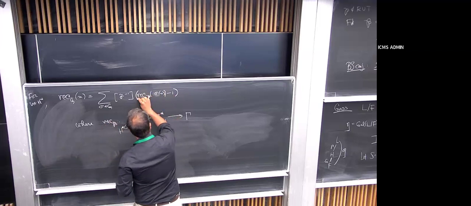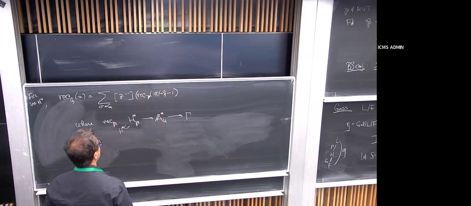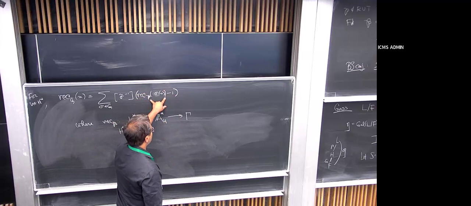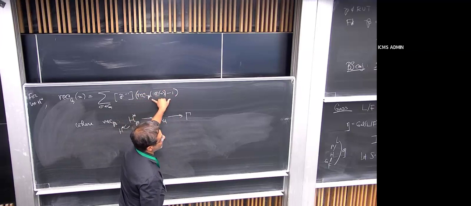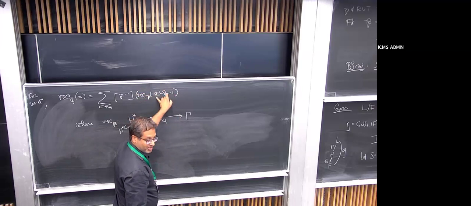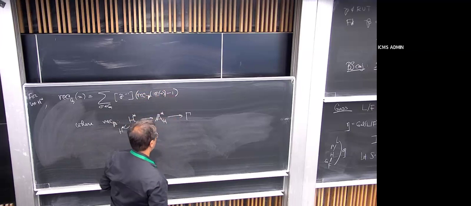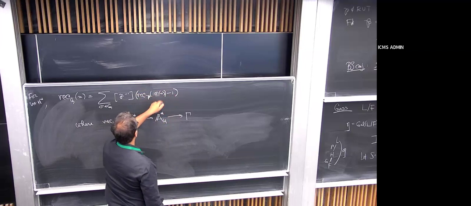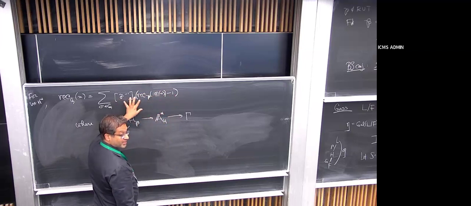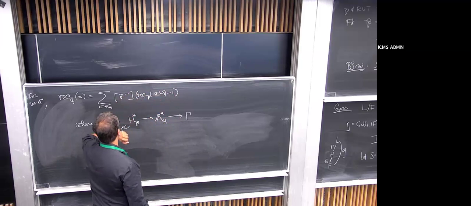So this is something in I, because this is in gamma. Subtracting one, it goes to 0 when I quotient out by gamma. So obviously this whole thing is in I. And this is any lift of sigma to script G.